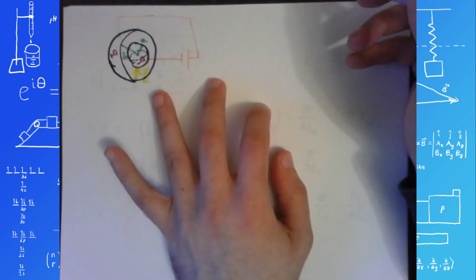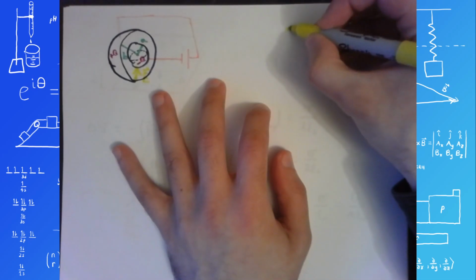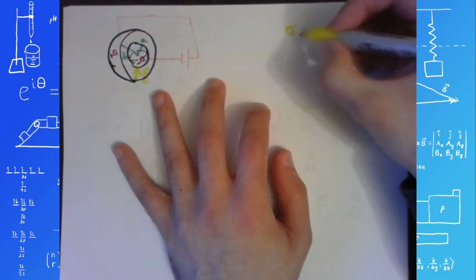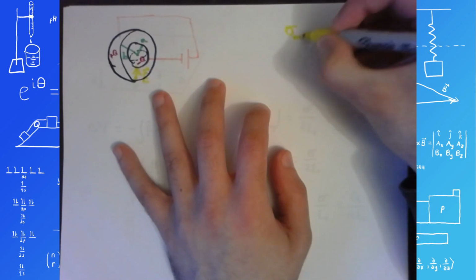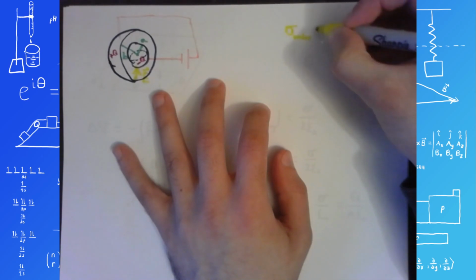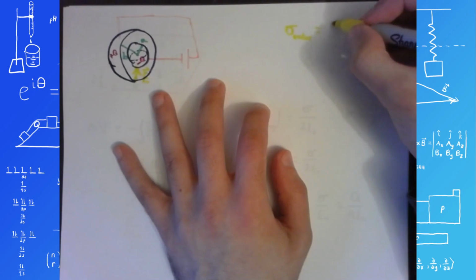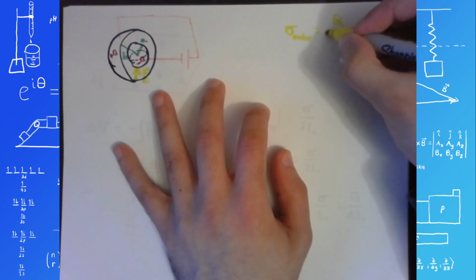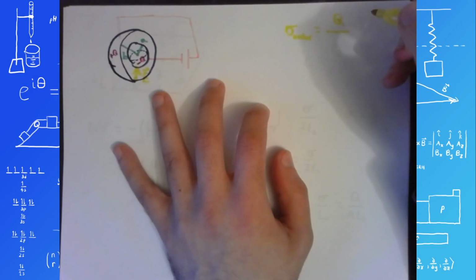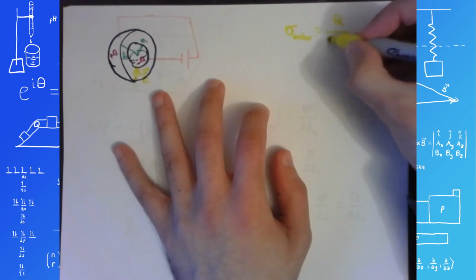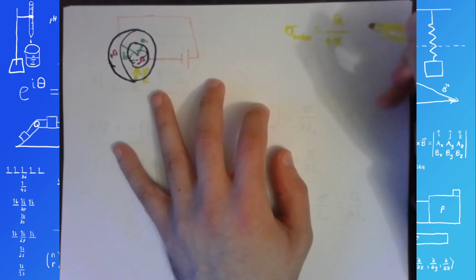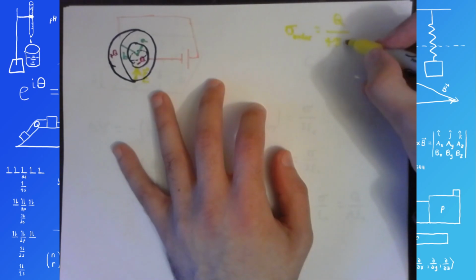So let's see. We want to define sigma outer for the outer sphere, which is going to be Q over, let's see, the area is going to be 4 pi b squared.